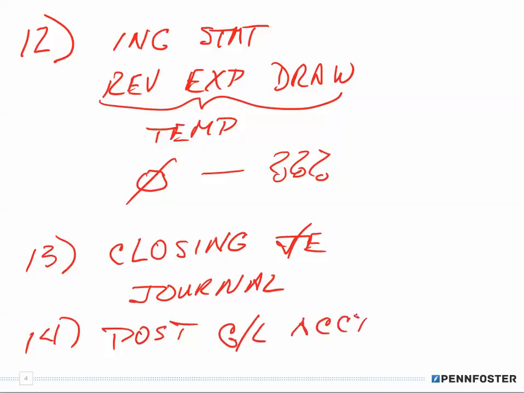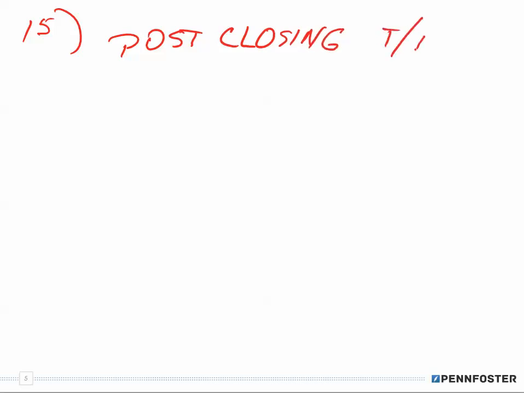And once we've posted them into the general ledger accounts, then we create ourselves a post-closing trial balance. Now, that post-closing trial balance is what has the ending balances in the accounts.